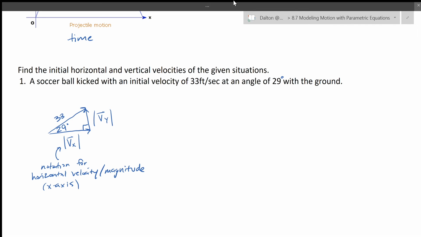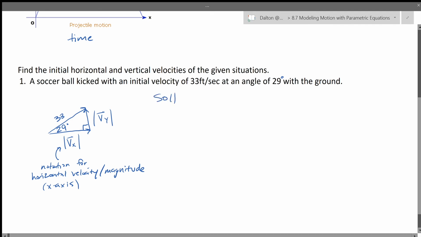So if we use SOHCAHTOA, I can set up a couple of equations to solve for these. First I can find the horizontal, since that's what I've always written. I can use the cosine of 29, which equals adjacent over hypotenuse. So adjacent will be the horizontal velocity over the hypotenuse, 33, that initial velocity.